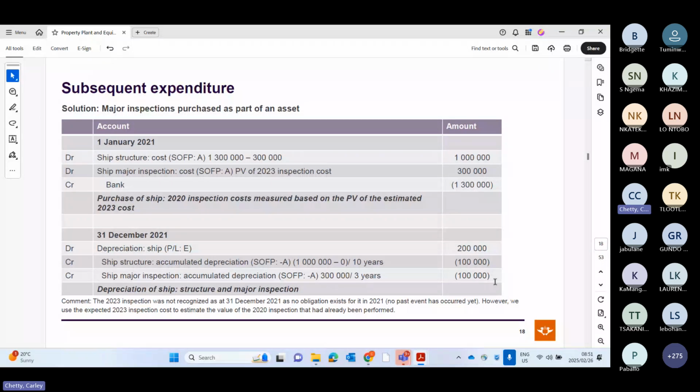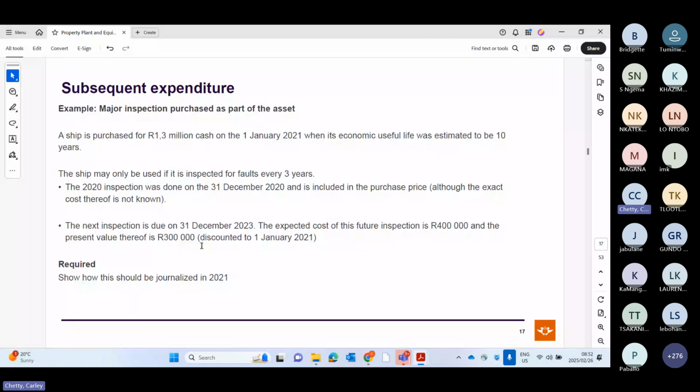Okay, so it says here that the 2023 inspection was not recognized at 31 December. So what it's saying here is that the next inspection is due on 31 December, and the cost of that inspection is 400,000 Rand. So we are not recording that inspection.